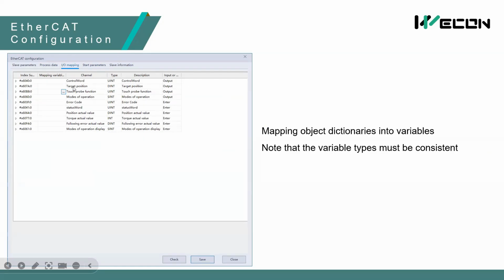So we can monitor these values while the project is running, and also display these values in our HMI or some other device. For each object in the object dictionary, there is a data type, and we need to bind a variable of the same type.